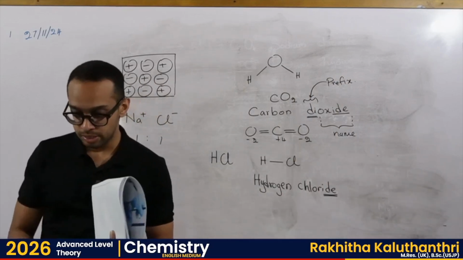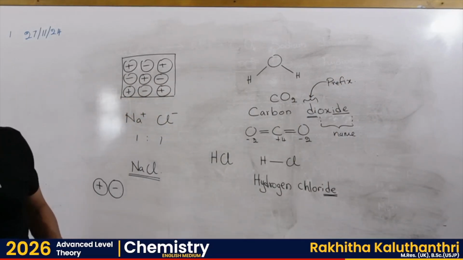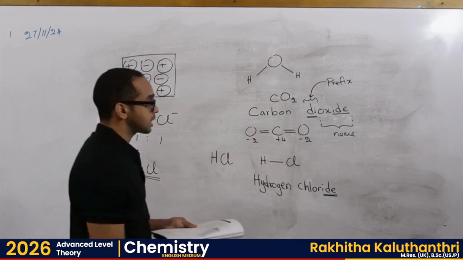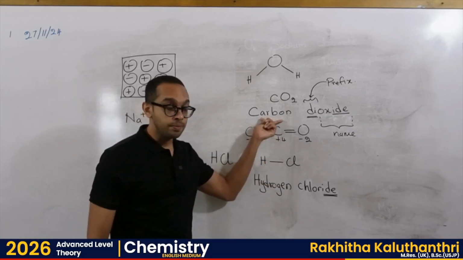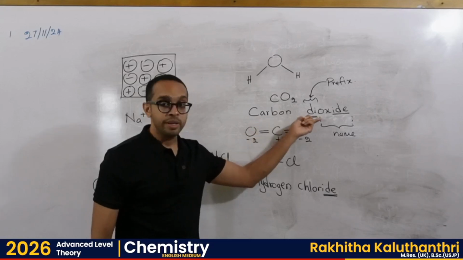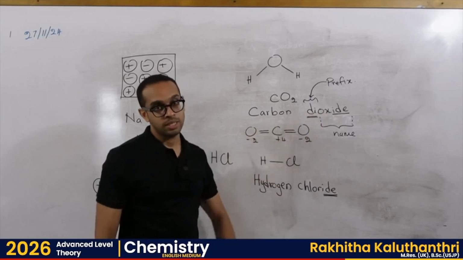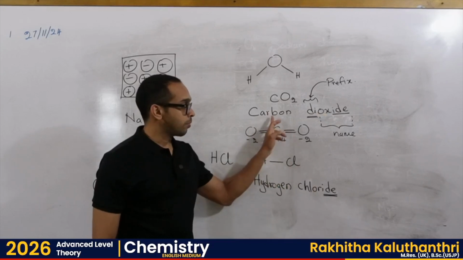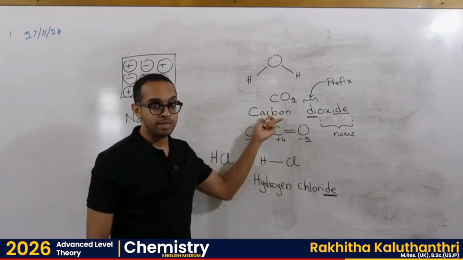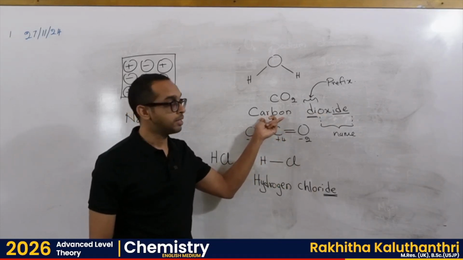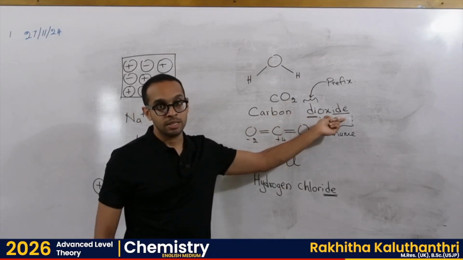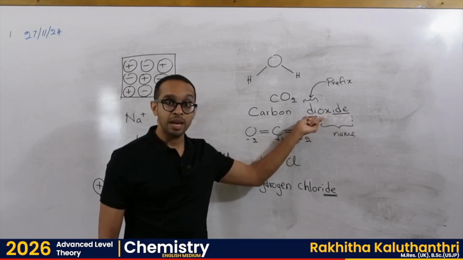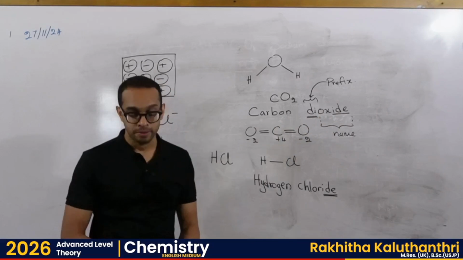What does this prefix tell us? It says with one carbon atom there are two covalently bonded oxygen atoms. So the first written atom tells us that it is the more positive oxidation state element, then the name of the second element is written indicating it is the negative oxidation state element, and the prefix will tell us how many of those atoms are there.